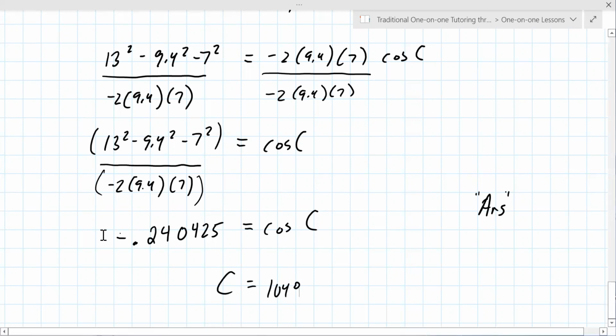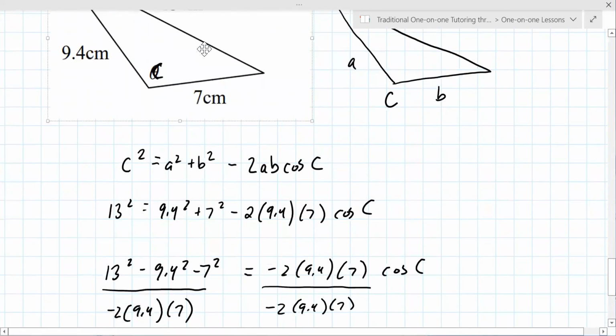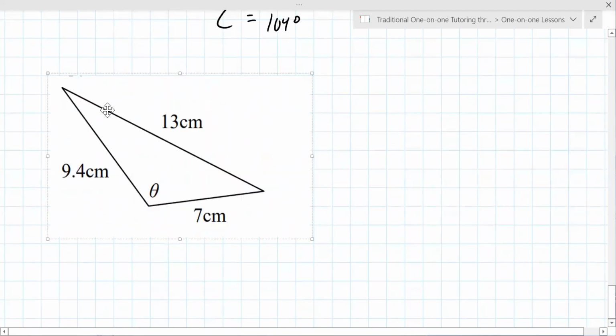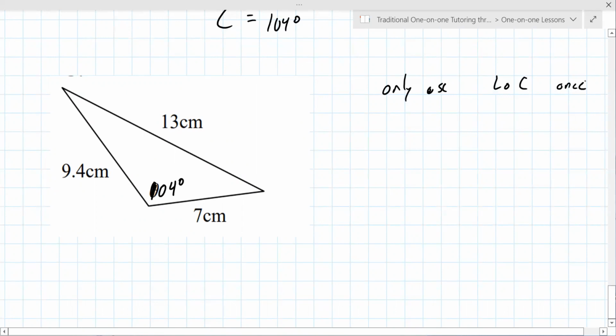Great. Okay, now let's go back to our picture here, because this is really important now that you've found the angle. I think I might have mentioned this before, but you only use law of cosines once. You don't have to keep using it. Because we can use law of sines, because law of cosines is more complicated than law of sines, and because you now have these paired up, side and an angle.